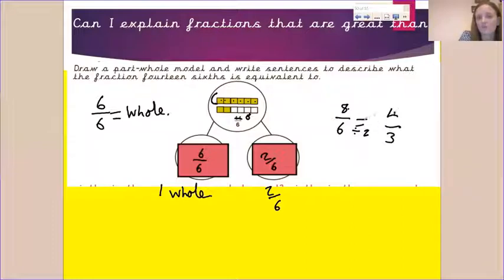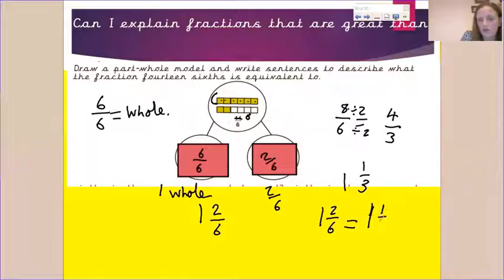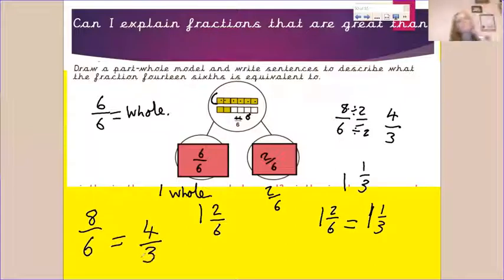It would be 4/3 because we divide that by 2, which would be the same as 1 1/3. And this is obviously 1 2/6. So actually 1 2/6 is equal to 1 1/3, or if you want to keep it how it was, 8/6 is equal to 4/3. Okay, because it does work.